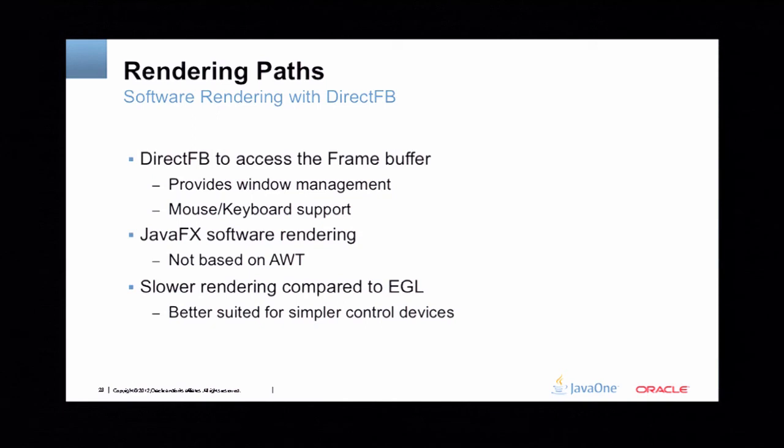And by dropping AWT, we are able to save quite a bit of both memory and flash footprint. It's much slower compared to EGL. In one test I saw just this morning, and Bob will show you later in the week if you go to his talk, it was a factor of 50 difference between the two. As in like 1 frame a second on an abuse test to 50 frames a second on the same abuse test.